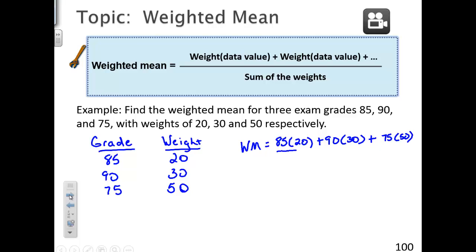Then we're going to divide by the sum of the weights. So let's add up those weights, and that is going to be 100. So using our calculator, we find that this computes to 81.5.